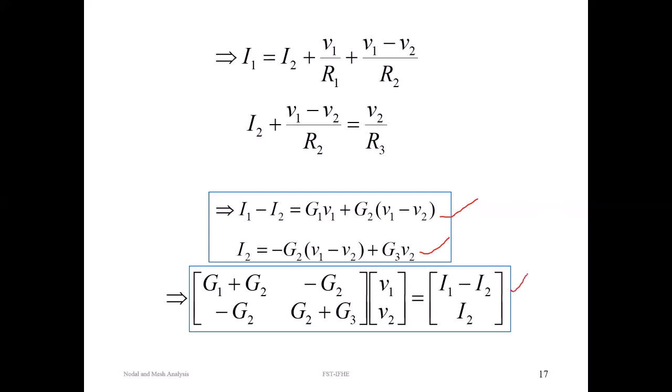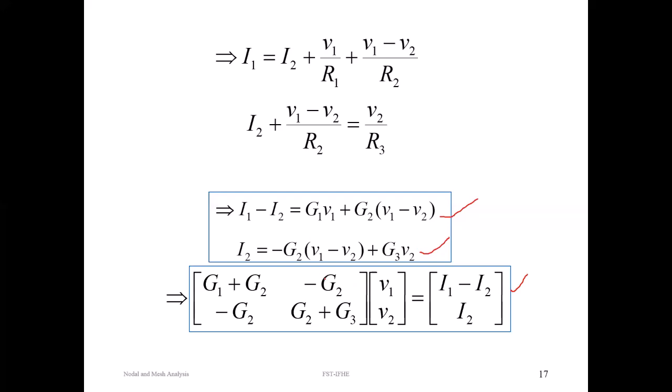Once you have the matrix form, there are ways you can simplify. You can use Cramer's rule: AX equals B, determine delta, then delta 1, then delta 2. Then V1 is equal to delta 1 by delta, and V2 is equal to delta 2 by delta. Another way is to first find V1 in terms of V2 and substitute in the other equation.